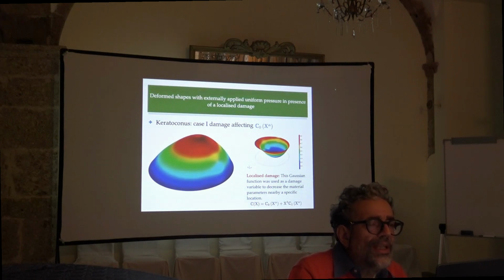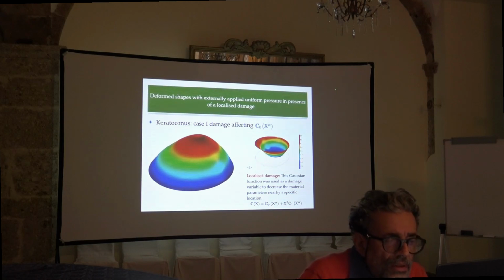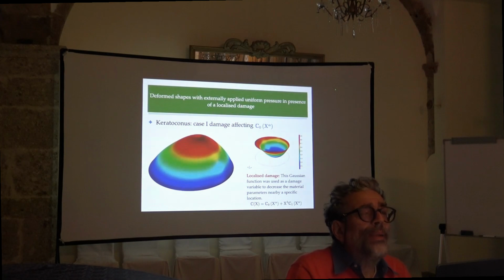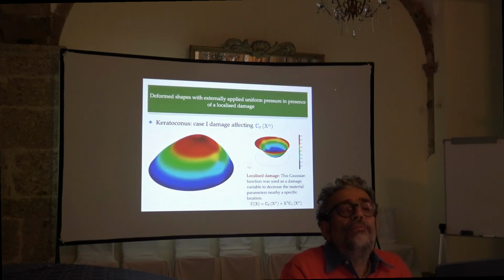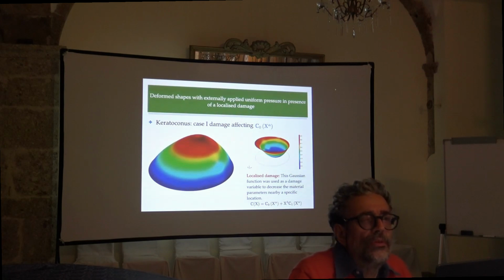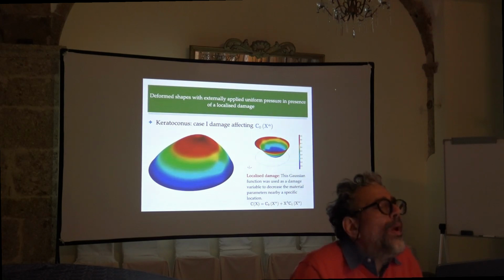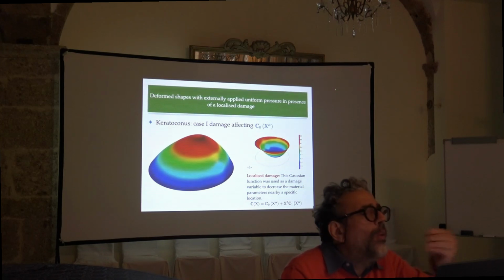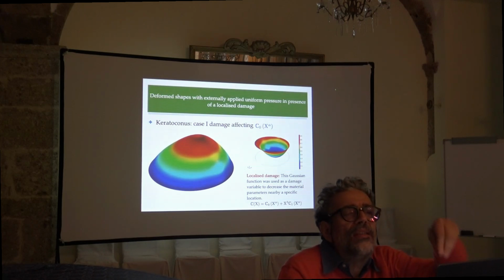We assumed that damage was affecting C0, and we assumed that you have a priori the localization of damage down. Now, the question is that this sounds to me rather like an ad hoc assumption. I mean, why down? If you have a degeneration of a cornea, why does it degenerate always in the same point?